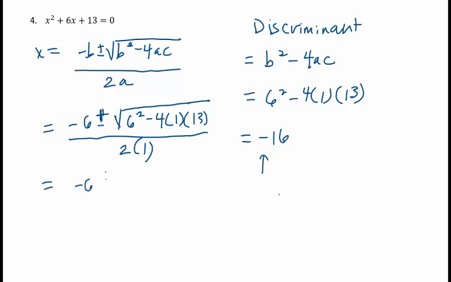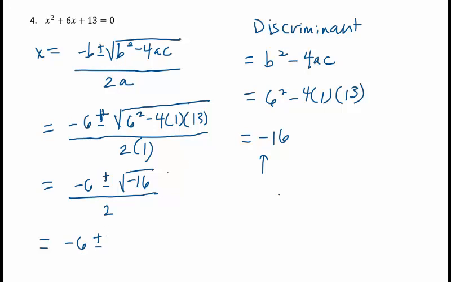And now we have negative 6 plus or minus. We already made this calculation, the radicand, and that was negative 16. So the square root of negative 16, divided by 2.